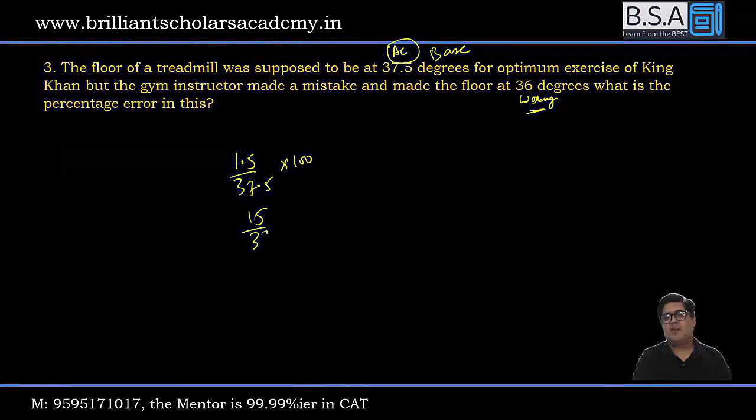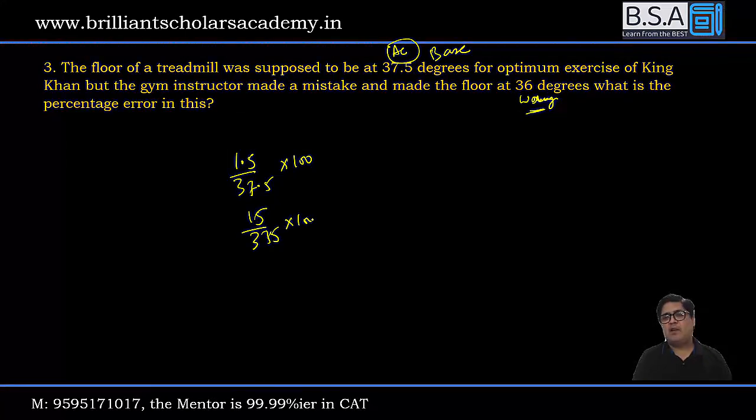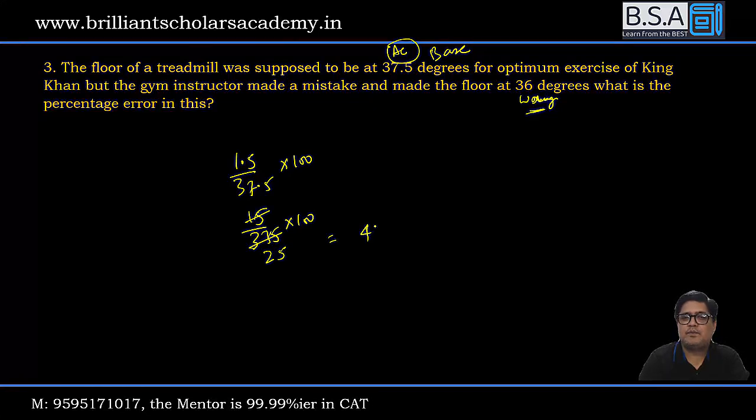15 by 375 into 100. Use a calculator. Who cares? क्यों दिया कैलकुलेटर हम लोग अपने को? Cancel 25 times. So 4% is the error. 4%. Verify my calculations. 100 by 25 is 4%.